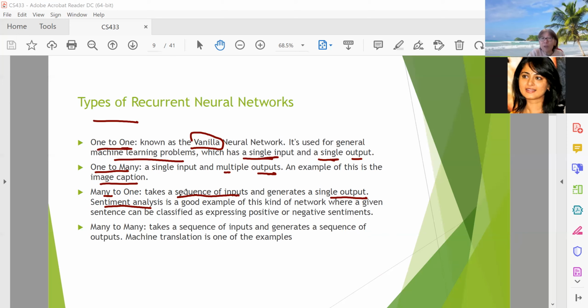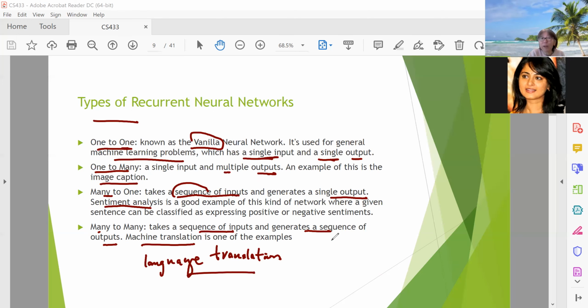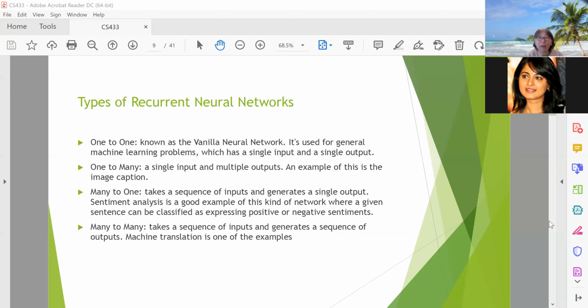Many-to-many is a sequence of inputs generating a sequence of outputs, like language translation, because you have a number of words to a number of words. Also keep this special word, vanilla neural network, which means one-to-one RNN.